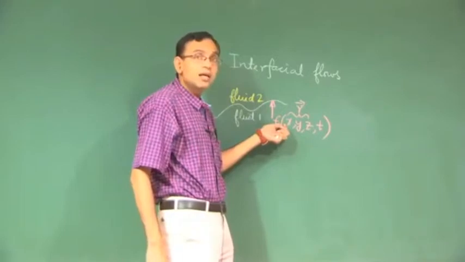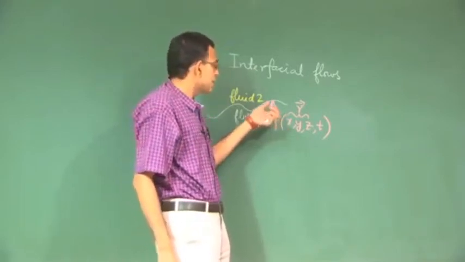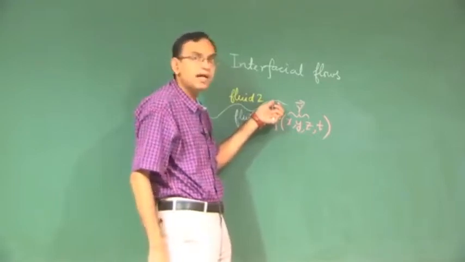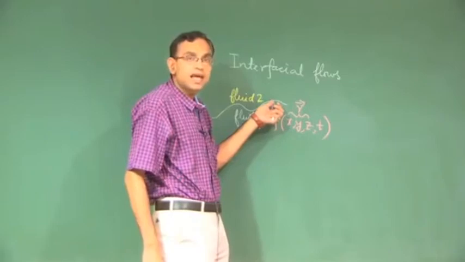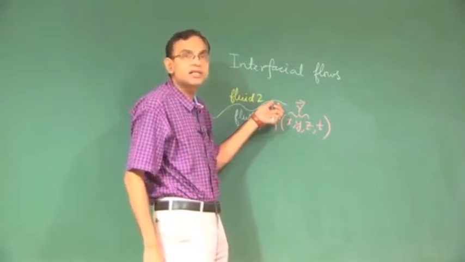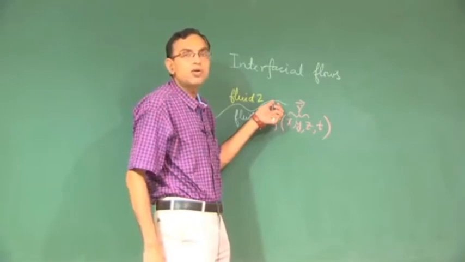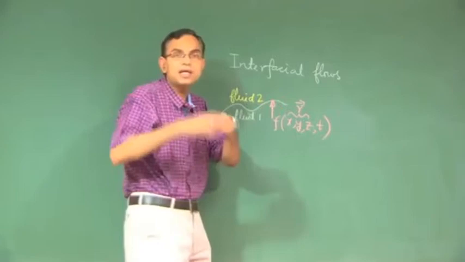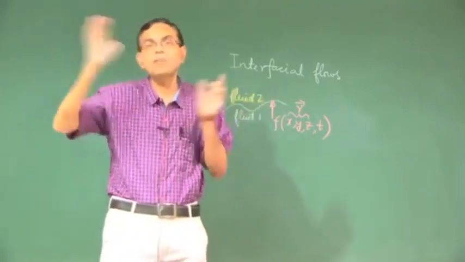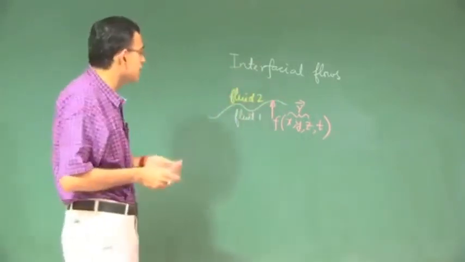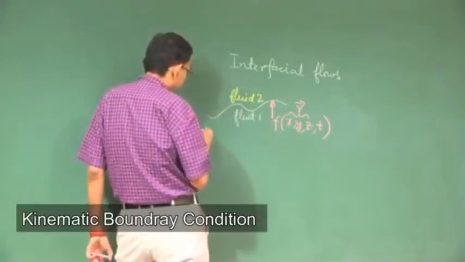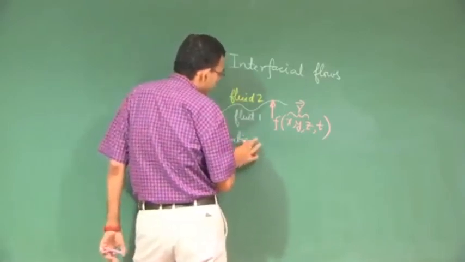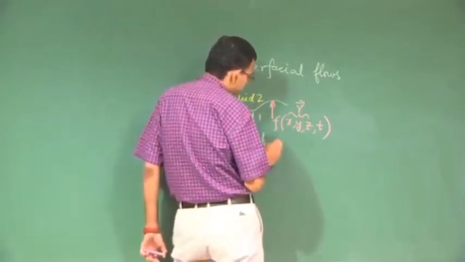If a point on the interface is identified, what we can say from pure kinematic considerations is that a point located on the interface will be located on the interface forever. The interface may dynamically evolve, but it will still be located on the interface, and this is known as the kinematic boundary condition. So it talks about interfacial kinematics.